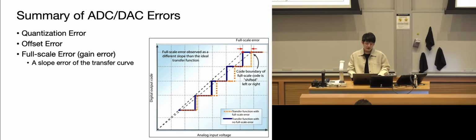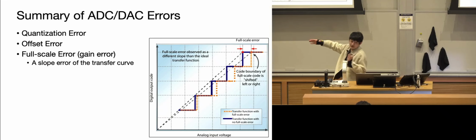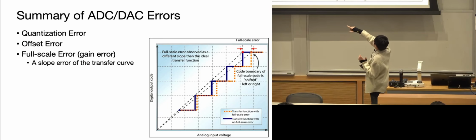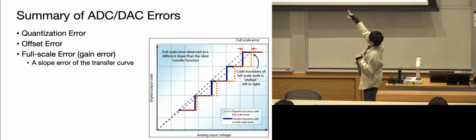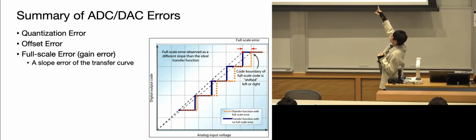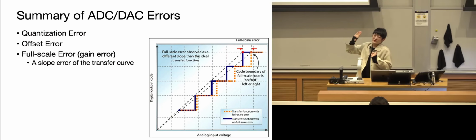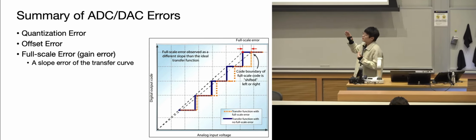We have the full-scale error, or the gain error. This is essentially a slope change of the transfer curve. Say the blue one is the ideal one and goes that way, but the orange one, which is the actual generated signal, has a slightly different slope. This is essentially an error that's proportional to the steps.